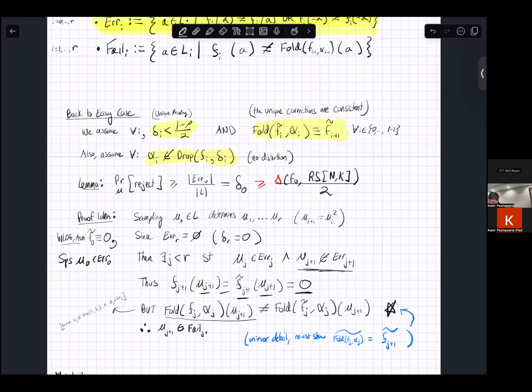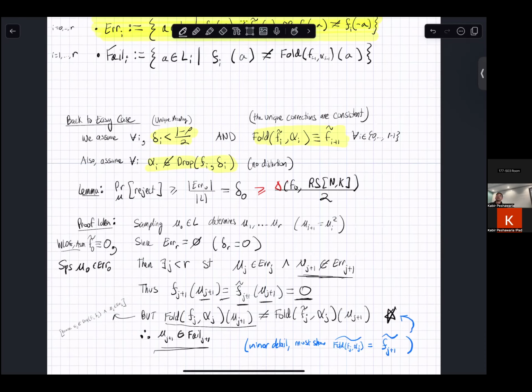So I'm saying that the fold of fj with alpha j at mu j plus 1 is not equal to 0, but fj plus 1 at mu j plus 1 is equal to 0. Another thing that means is that mu j plus 1 is in the fail set of j plus 1. Being in the fail set means that the verifier caught you.